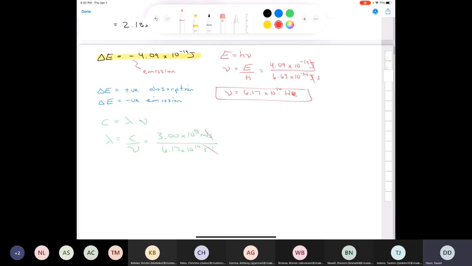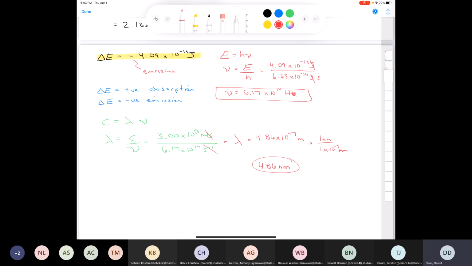These cancel, and we end up with a wavelength that is equal to 4.86 times 10 to the negative 7 meters, which if we take that and say in one nanometer there's 1 times 10 to the negative 9 meters, we end up with 486 nanometers as our wavelength. Give me a thumbs up if you follow me on that one.